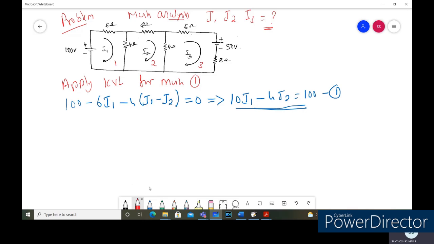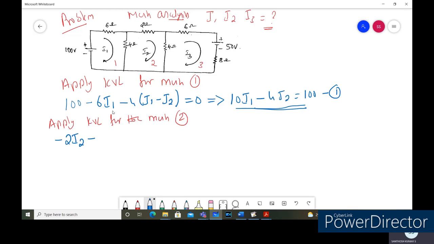So similarly, we'll apply the KVL for the mesh 2. So what we'll do is, we'll start from the resistance R. So minus 2 into I2 minus the drop across the 4 is, the two currents are flowing.